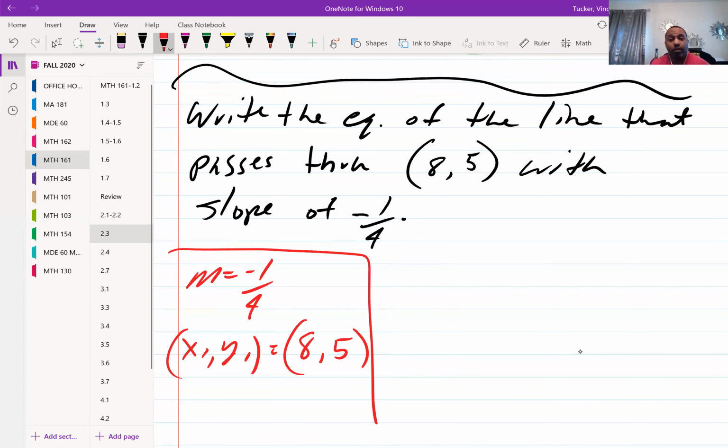All right, so that's our given information. They give us the slope of -1/4 and the point of 8, 5.